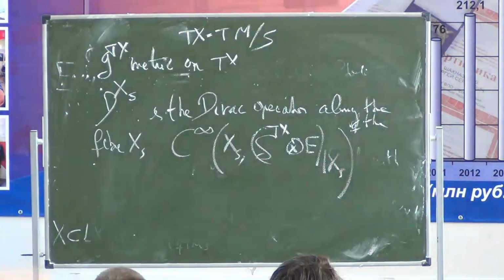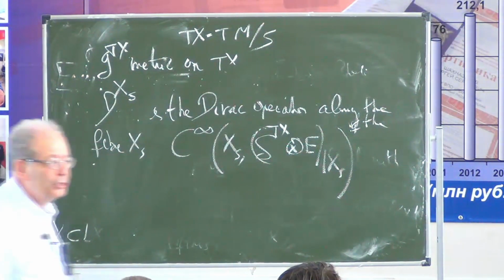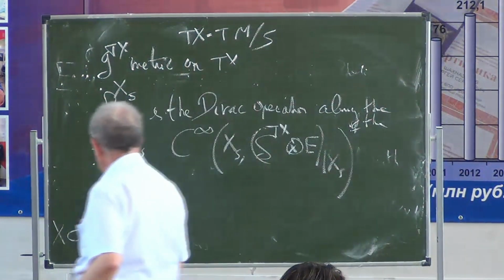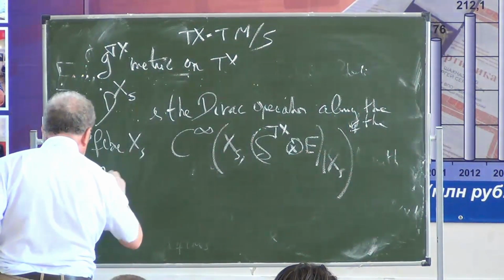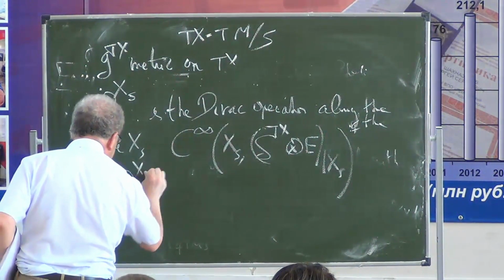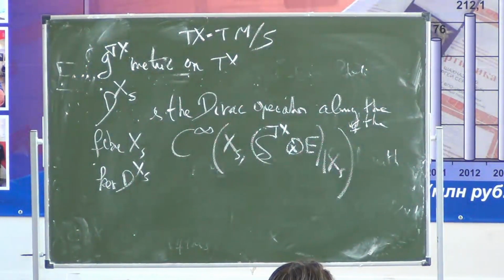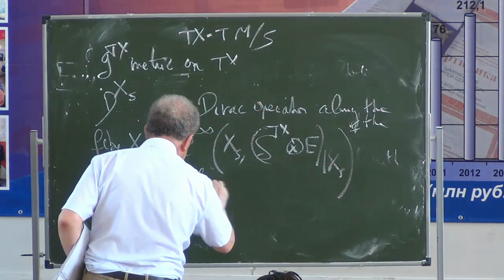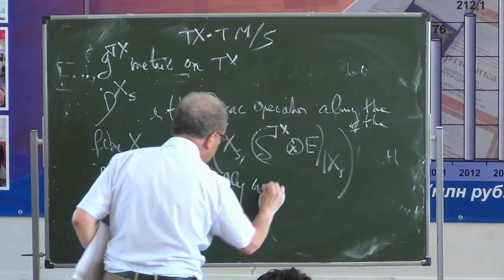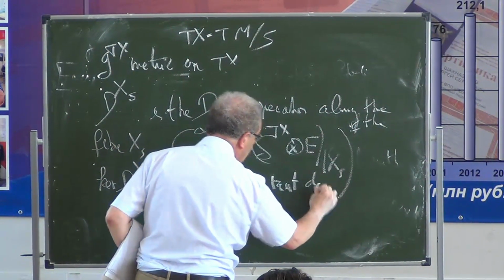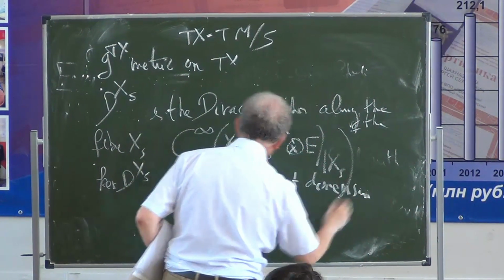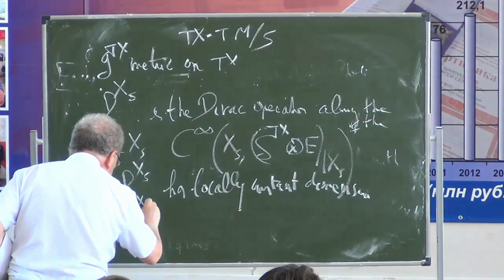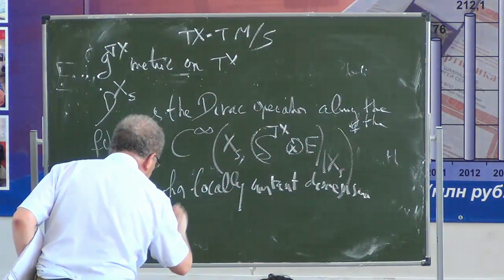So in each fiber, you have a Dirac operator. So let me look at the kernel of D^X_s. For simplicity, I will assume that the kernel of D^X_s has locally constant dimension. That's an assumption. Okay, so what we know is that the index of D^X_+ is constant, is locally constant.